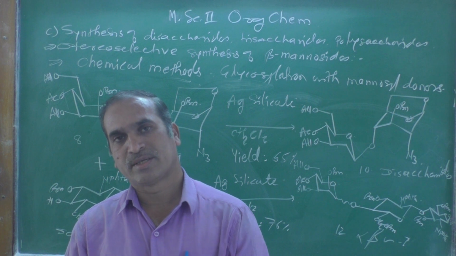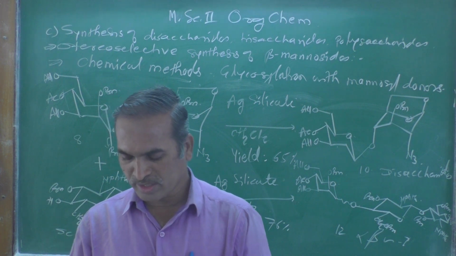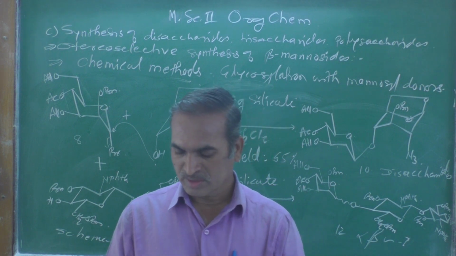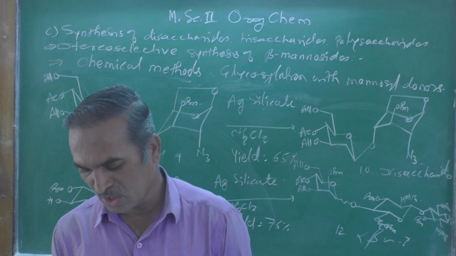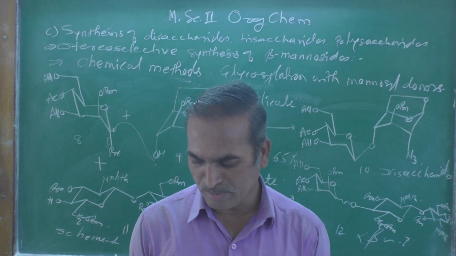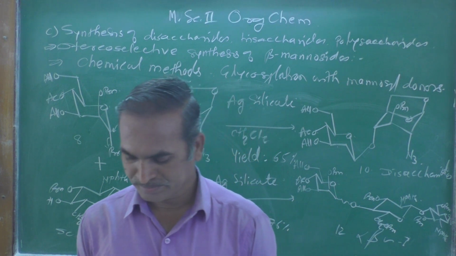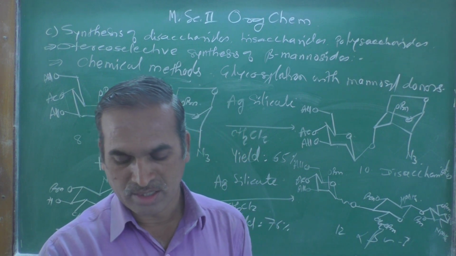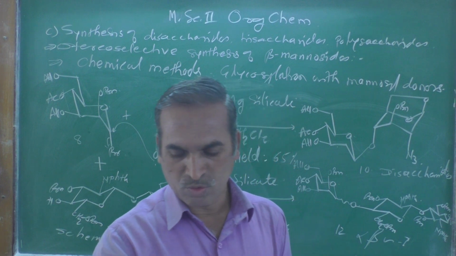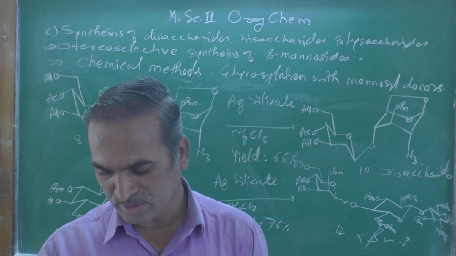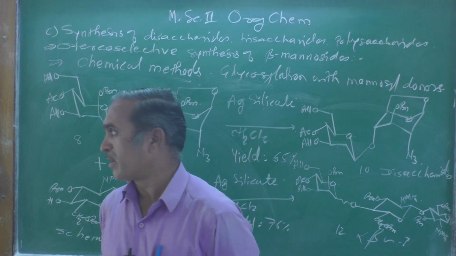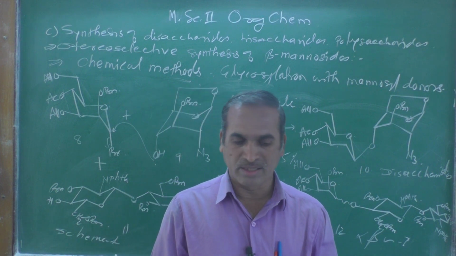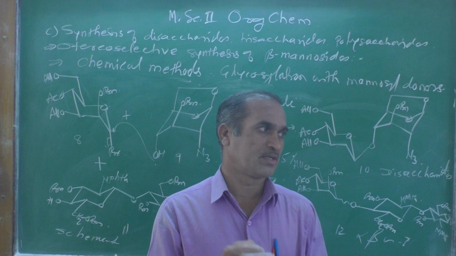Silver silicate promoted condensation of the mannosyl donor 13 with n-octanol affords the beta-linked mannoside 14 in excellent yield even without an acyl substituent at O4, that is represented in scheme number 4. I think scheme number 4 we will see in the next lecture.